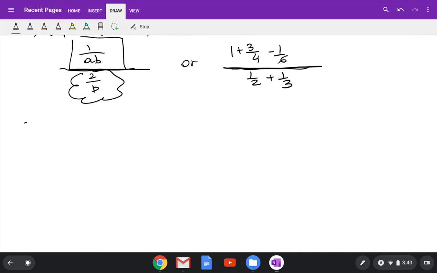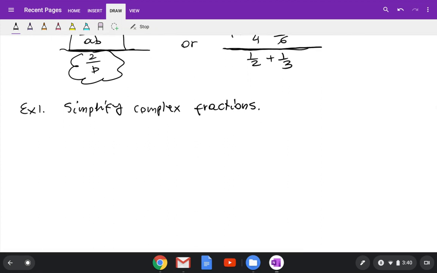Okay, so example 1, simplify complex fractions. I'm going to give you little tools, little hints with each example. So let's do the first one. You have 6x over y over 9 over 2y.